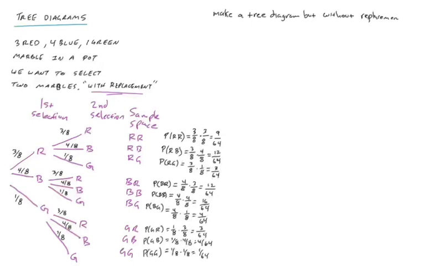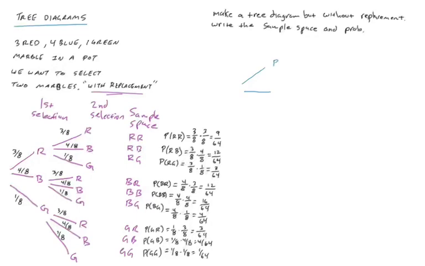So without replacement here. And let's do the same thing. Let's write the sample space with the probabilities. And I encourage you to pause it here and then go ahead and try this tree diagram on your own.